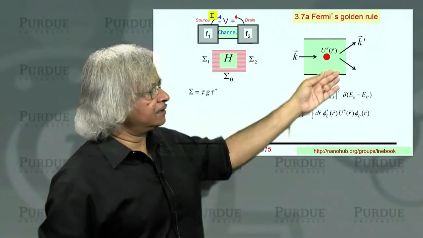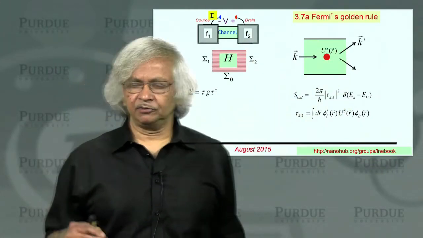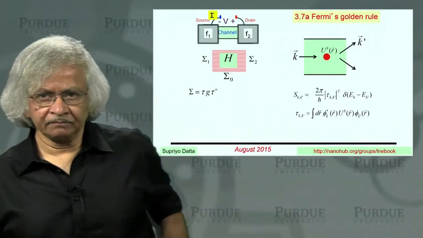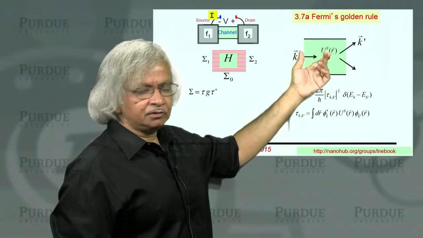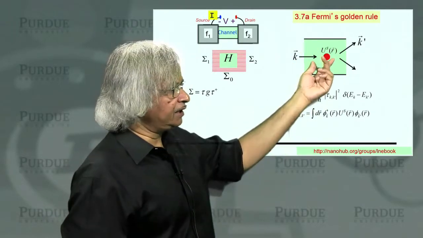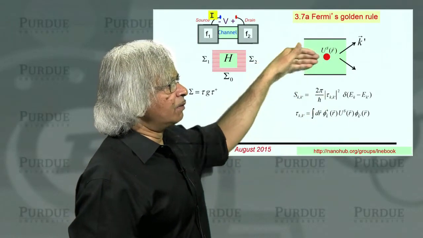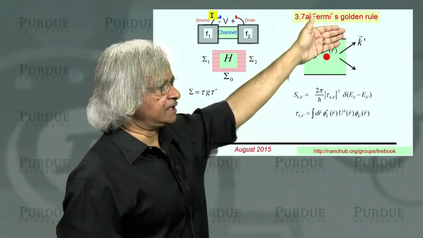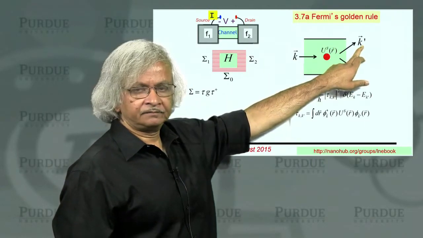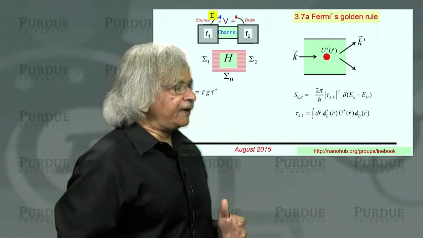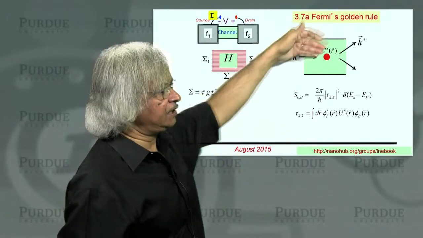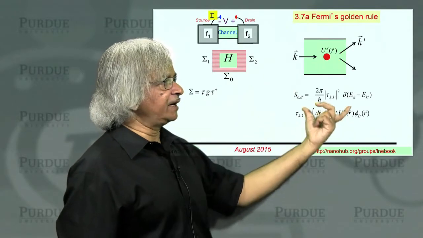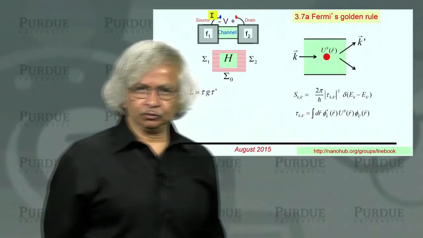And then when they hit some kind of obstacle, which could be a defect or an impurity, it sees a scattering potential due to that defect or impurity, and as a result, its momentum changes. It turns in some direction, k prime. And the rate at which electrons get scattered from k into k prime is given by Fermi's golden rule.